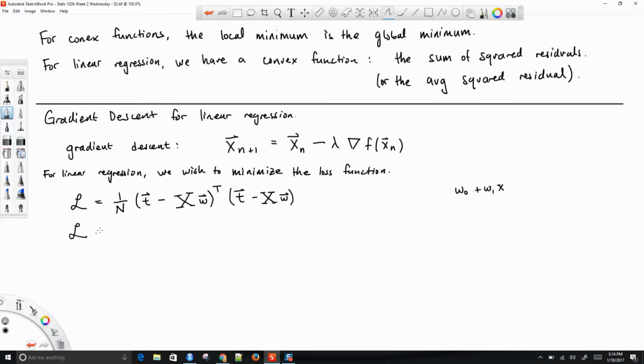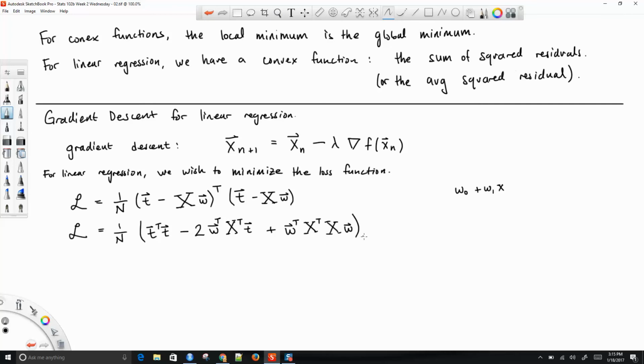If I multiply this out, it will give me 1 over n times t transpose t, so effectively t squared, but in vector notation, minus 2 w transpose x transpose t, plus w transpose x transpose x w.